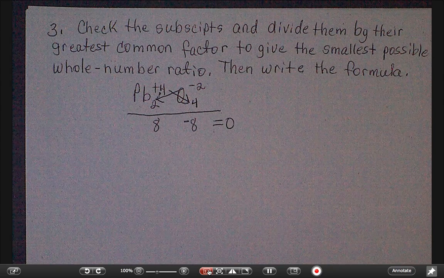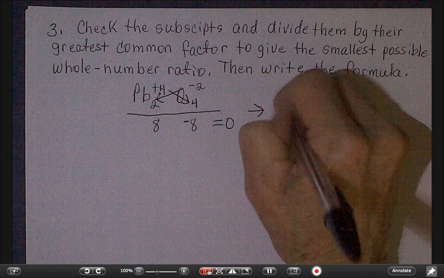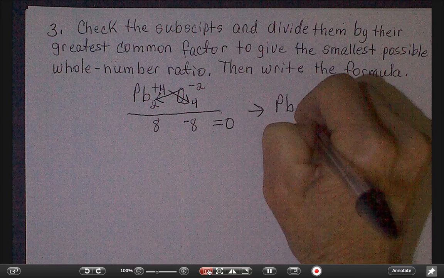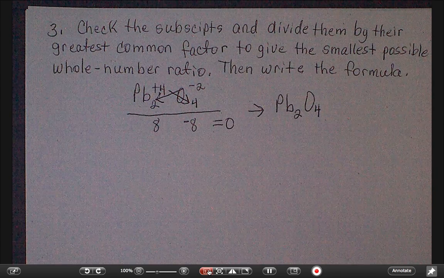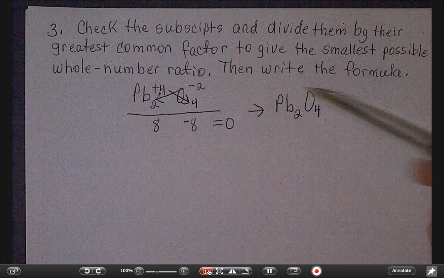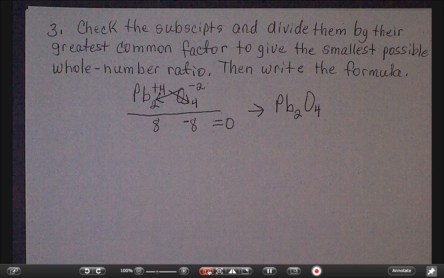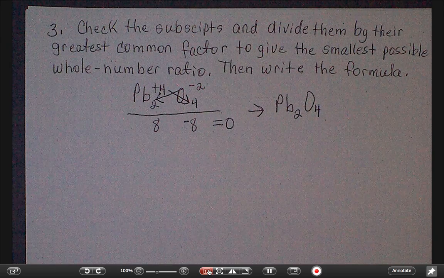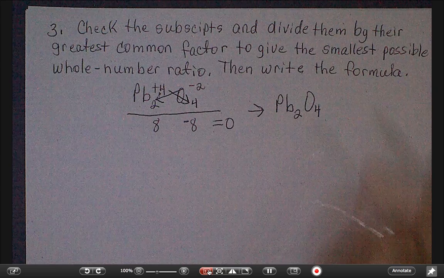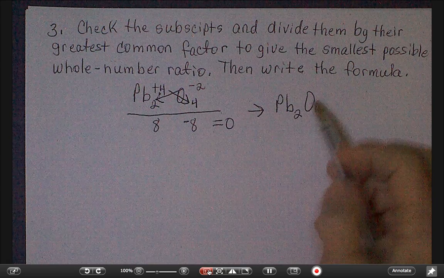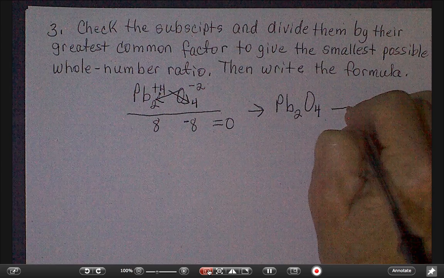Okay? So this goes to the formula Pb2O4. Now please make note, do I ever put anything up at the top after I have done my crisscross? No, nothing exists anymore at the top. Okay? Now then, if we divide both numbers by 2, we come up with what formula?